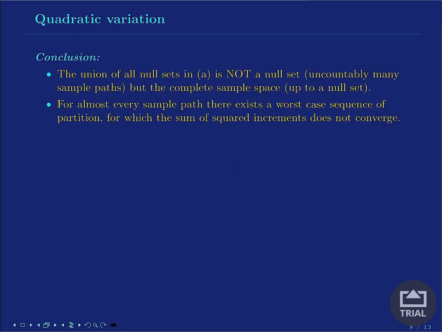So even so, we have a lot of null sets. As we have uncountably many sample paths, the union of all these null sets actually form the complete sample space, or almost the complete sample space up to a null set.